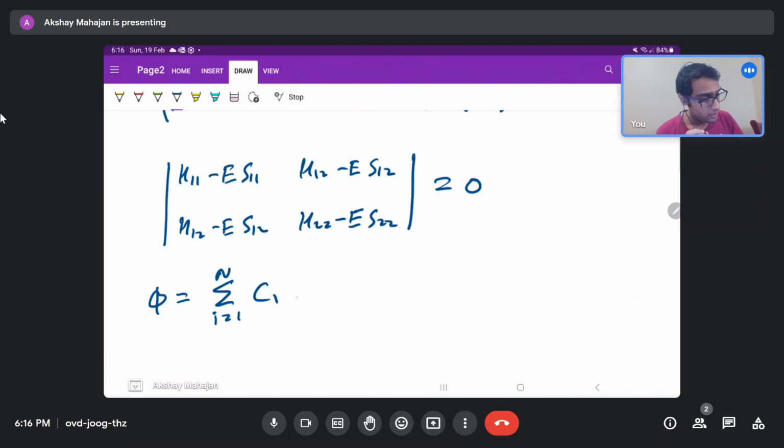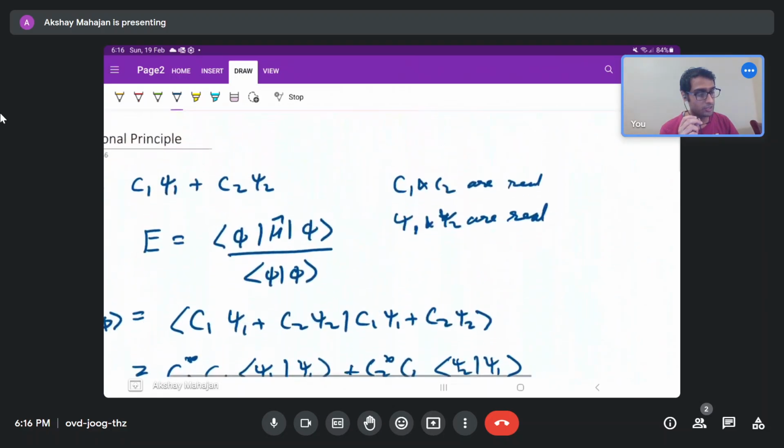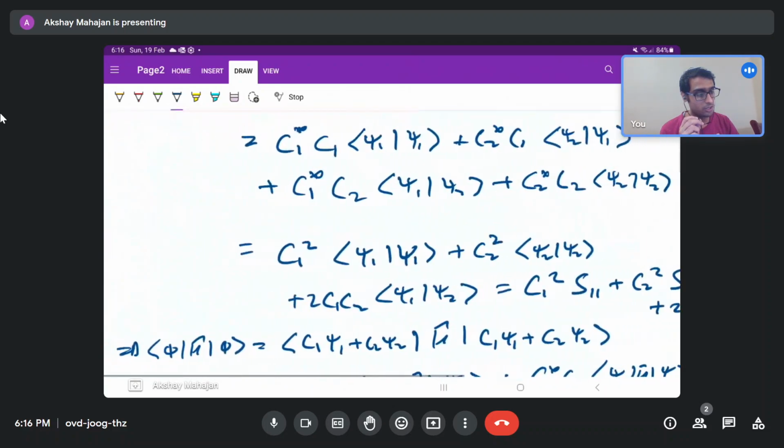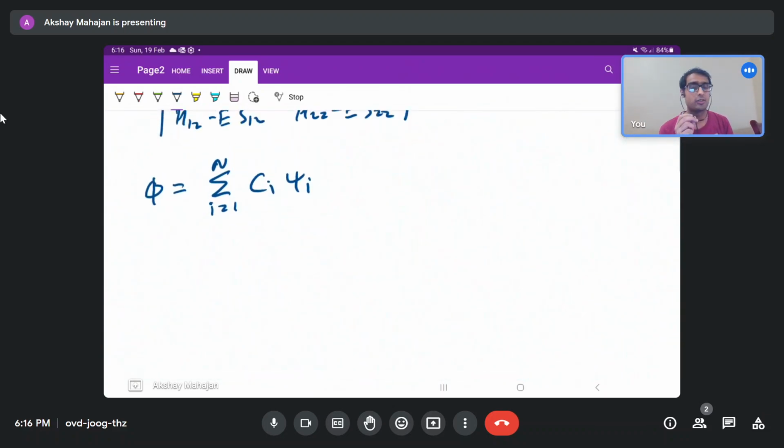You can have, like in this case, just two wave functions, a linear combination of two wave functions only. But if you have more than two, then similarly, for 2 we have a 2 cross 2, and if you have n, then you will have an n cross n determinant that you might have to solve.